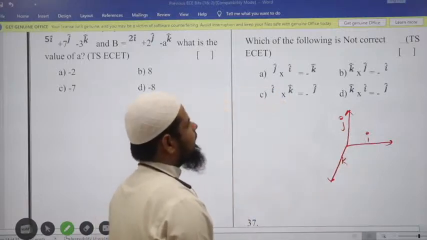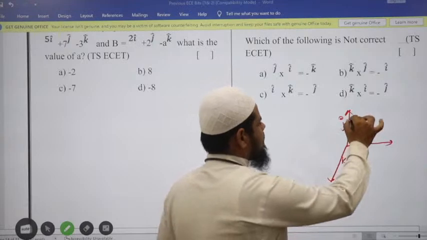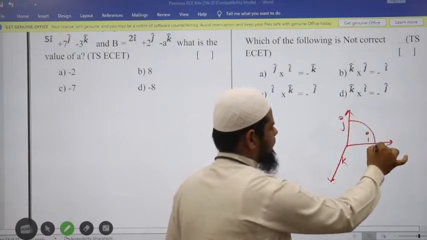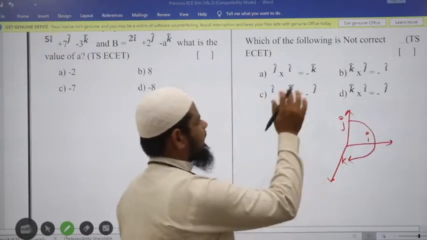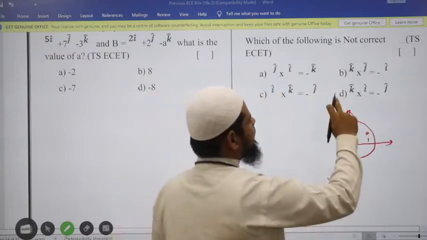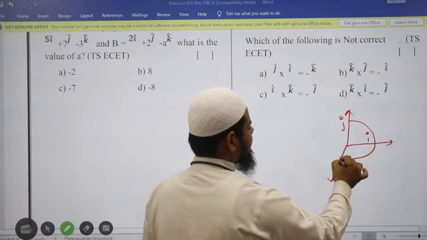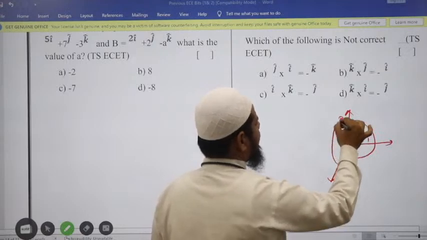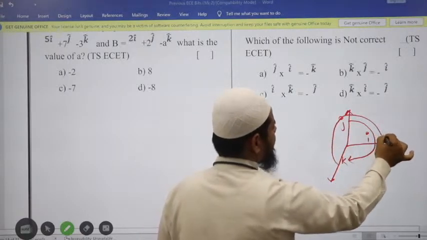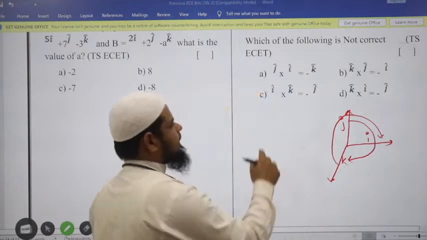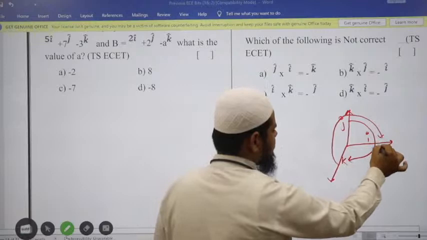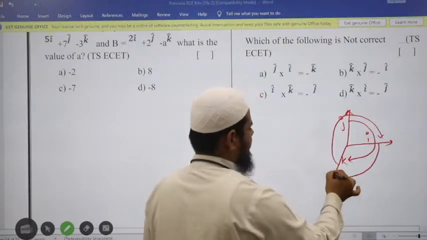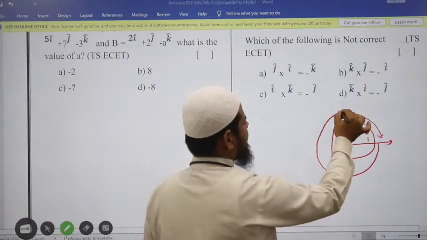Now in that case j cross i gives k, but it is the opposite direction, correct. The second one, k cross j, look at this, this is also i, correct. And the third one, i cross k, this is also j.